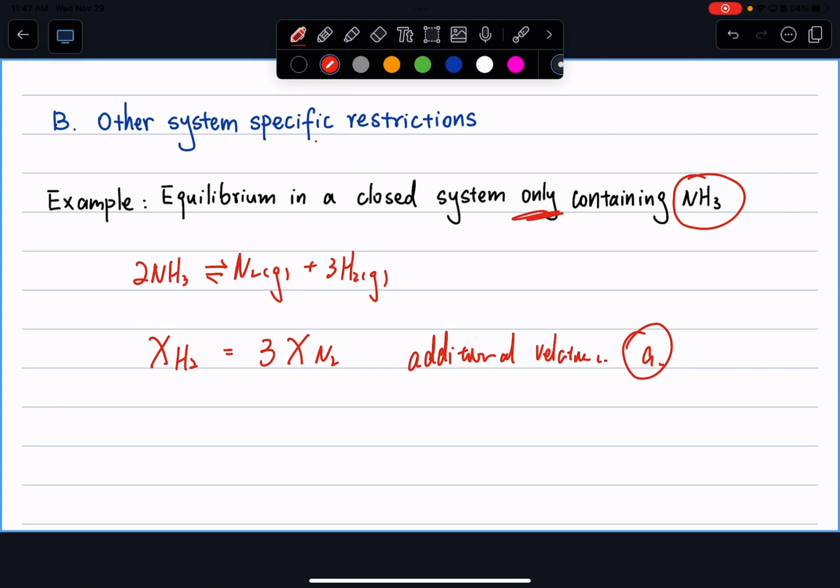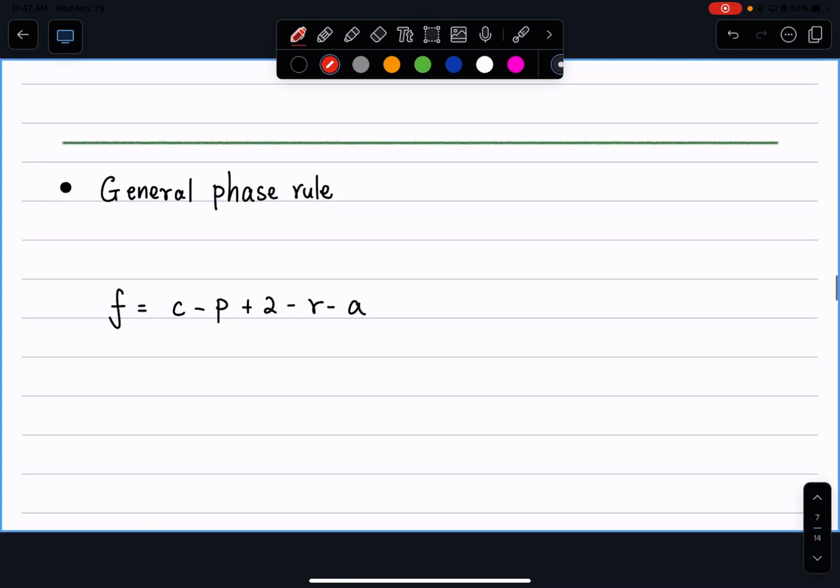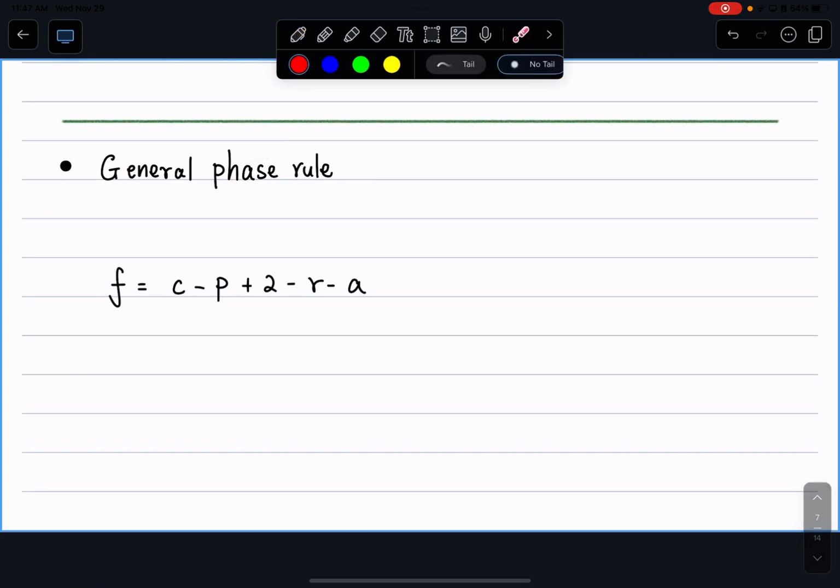All right. So our phase rule now becomes F equals C minus P plus 2 minus R minus A. And going down here, this is our general phase rule. Again, knowing what each component is. C stands for your components. P stands for your phases.